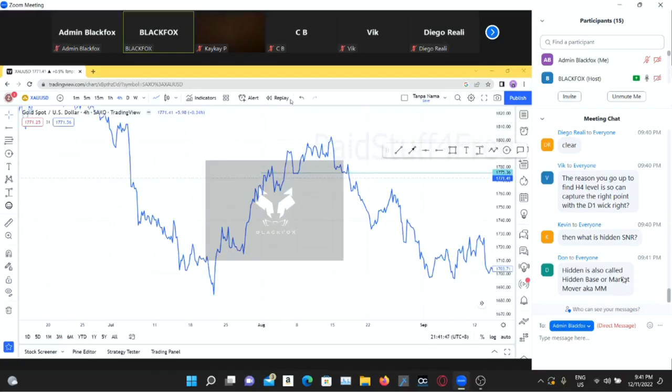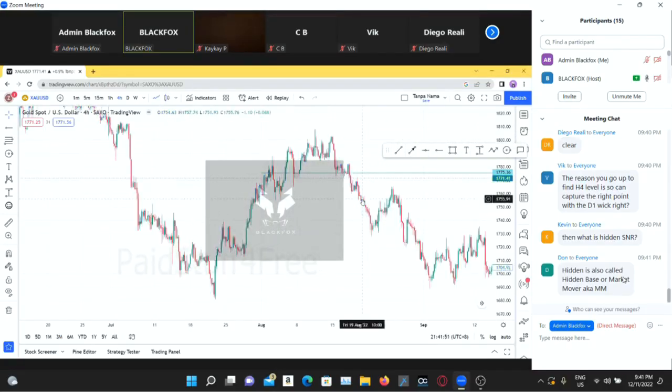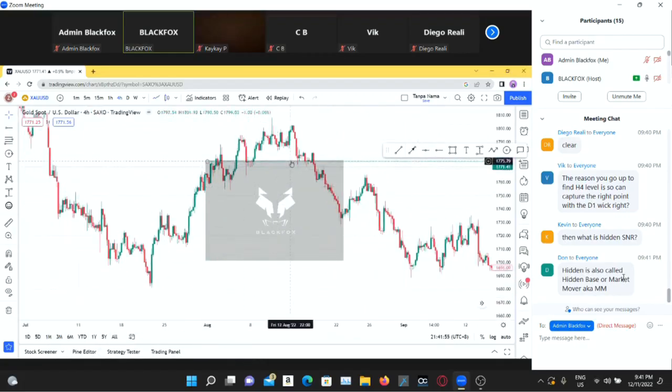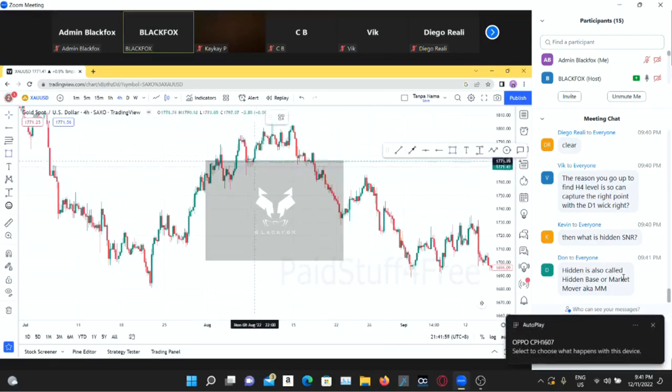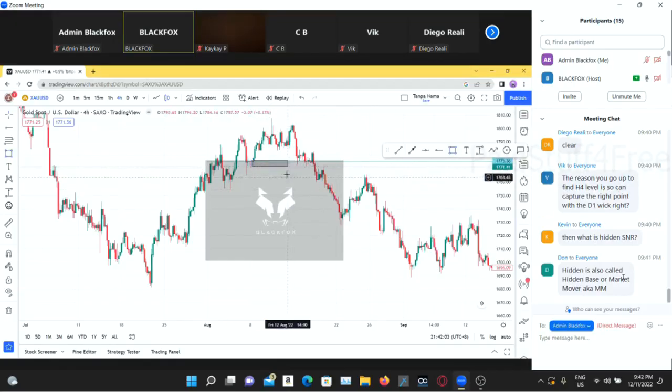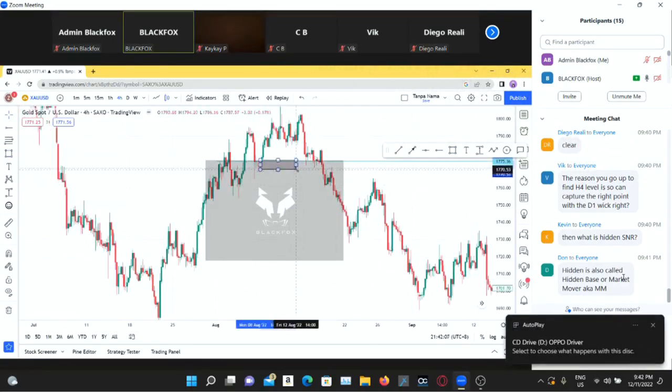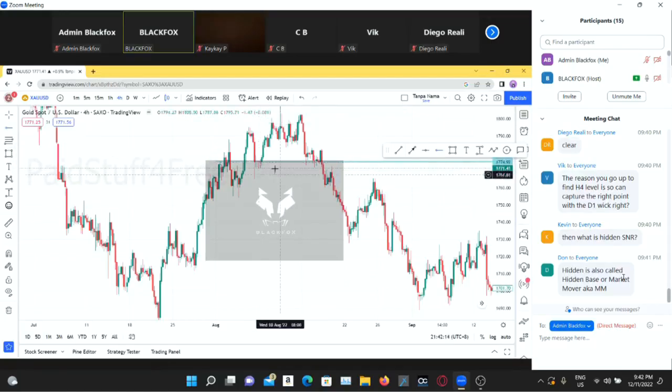Market mover. I think about hidden base. I take for example hidden base. Okay, for hidden base I take this one. For example, this one is hidden base. I take the full candlestick, and if hidden SNR, I just take this support level, just like that.